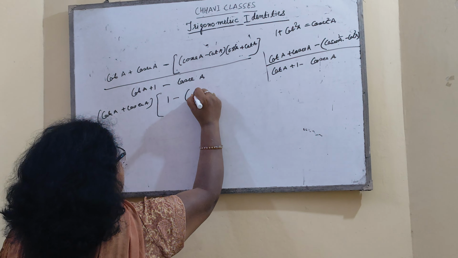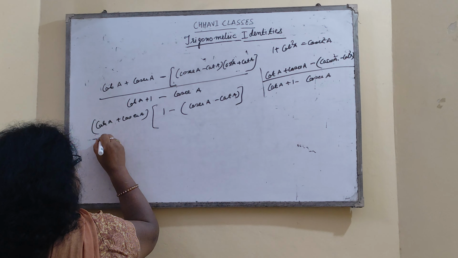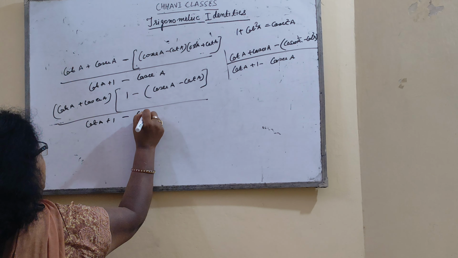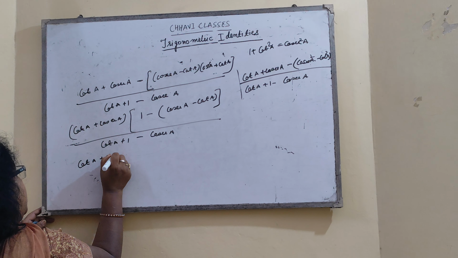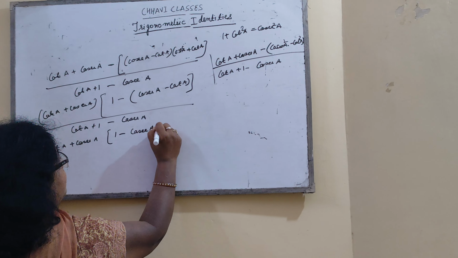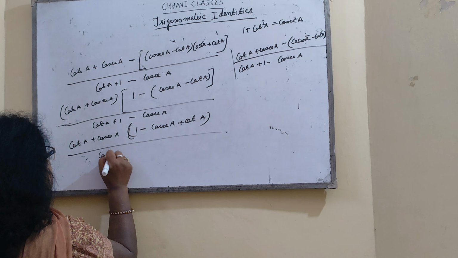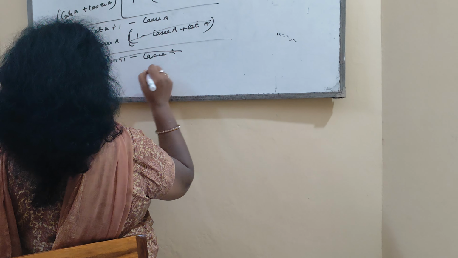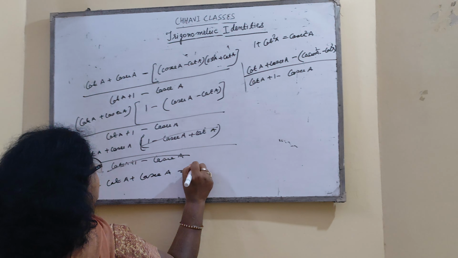Cot A plus cosec A into (1 minus cosec A plus cot A) upon cot A plus 1 minus cosec A. The denominator also is cot A plus 1 minus cosec A. Cancel, which is equal to cot A plus cosec A, which is equal to RHS.